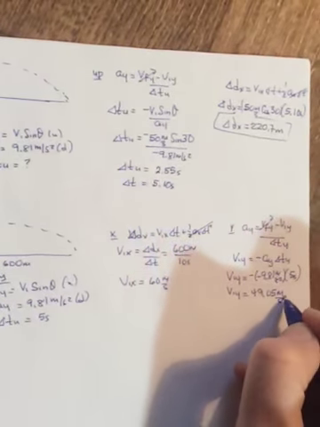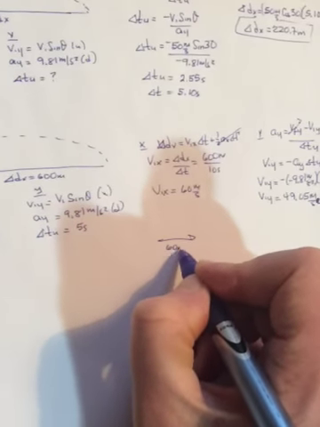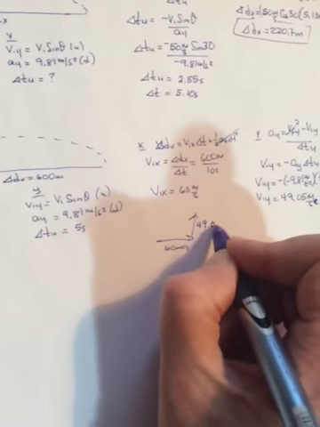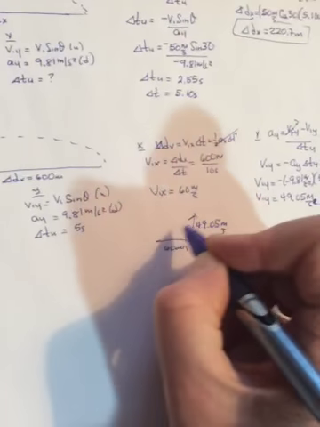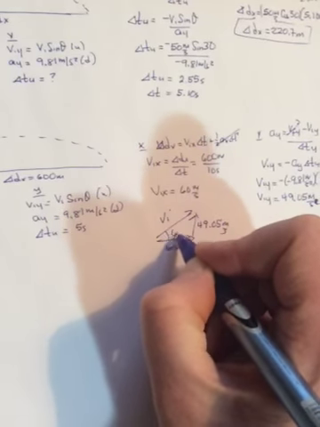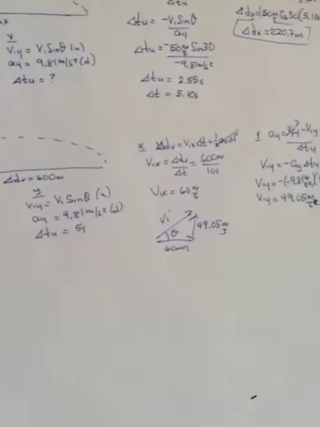And once you get that, then you do, in the x direction, 60 meters per second. In the y direction, 49.05 meters per second. And then you square them, add them together, take the square root, and find the angle.